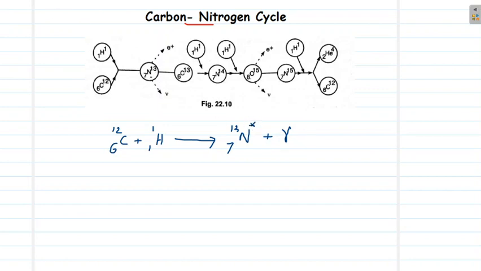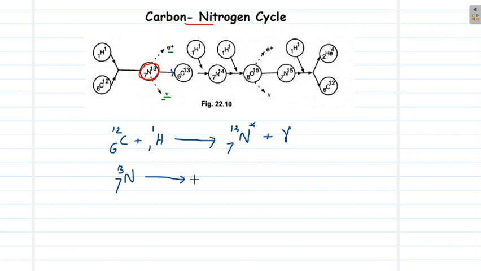This nitrogen formed is radioactive, and it will decay in a beta decay process, emitting a positron and a neutrino. The second reaction is the beta decay of 7N13, which emits a positron. The nitrogen will be converted into 6C13.